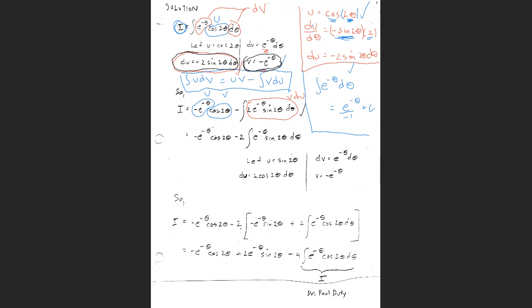And what I do is I say, okay, I have to find out what this integral is. So I factor that 2 out, and now the integral is equal to this expression here. But what happened? Well, look at the integral. You have the integral of e to the negative theta sine 2 theta d theta right here.